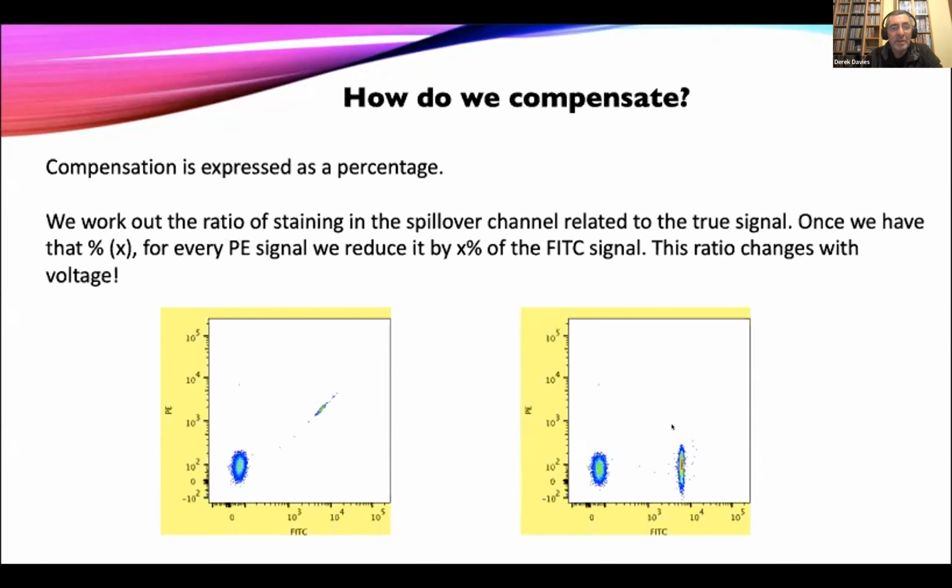And what happens is that we bring our FITC positive population in line with the negative population. And this is the end point of compensation, that both that negative population and that FITC positive population will have the same fluorescence intensity in the PE channel, the spillover channel, because neither of them have any PE in them.